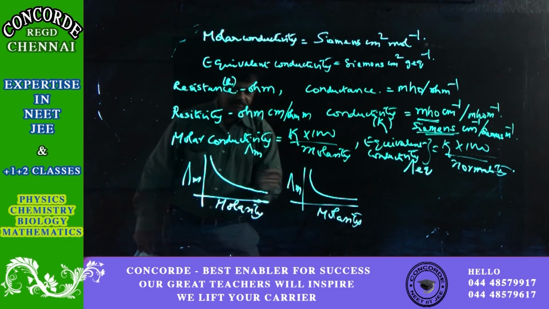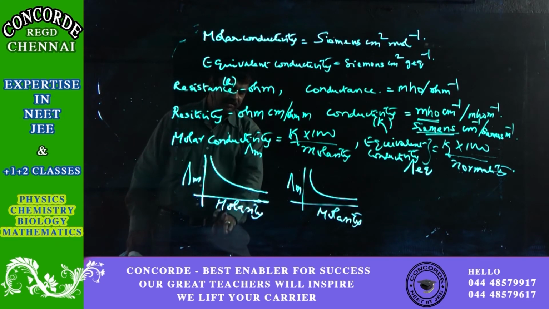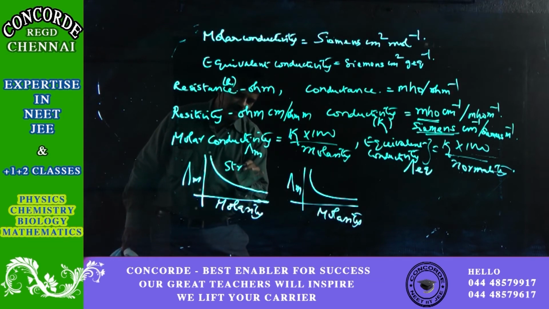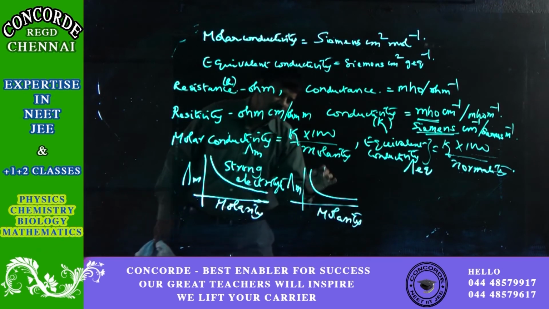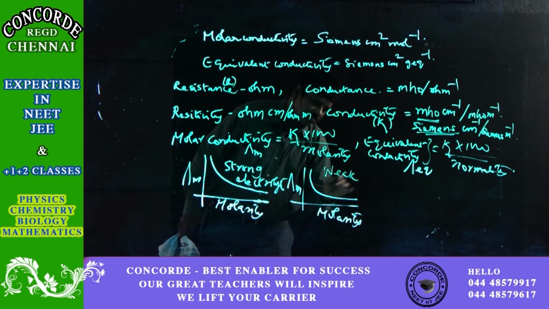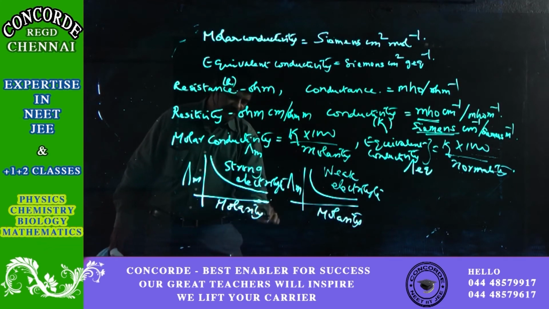The same way will be for normality, so we need not repeat that. The only thing is we can do a small change here. This is for strong electrolytes. This is for weak electrolytes. So instead of molarity, you are plotting against normality also.